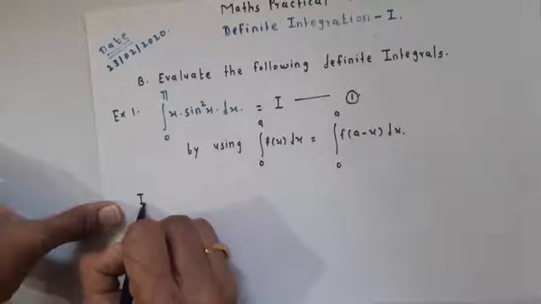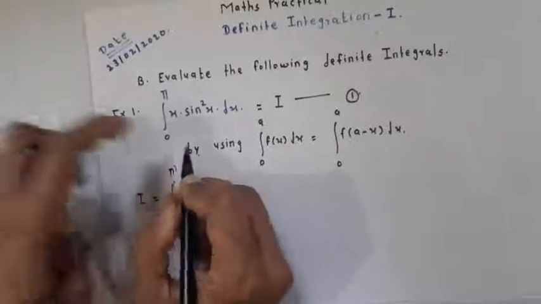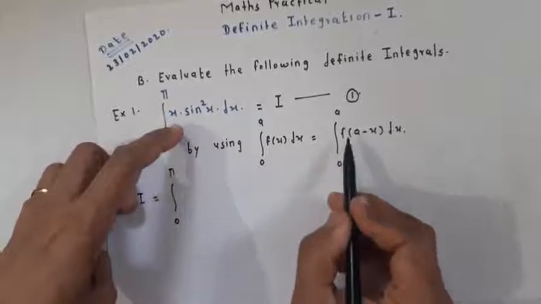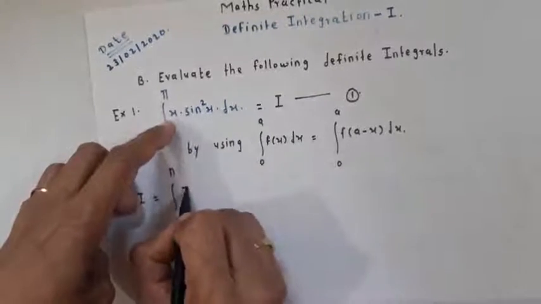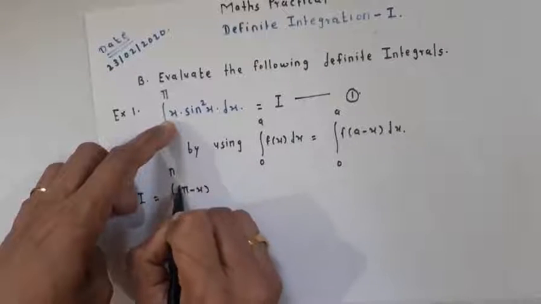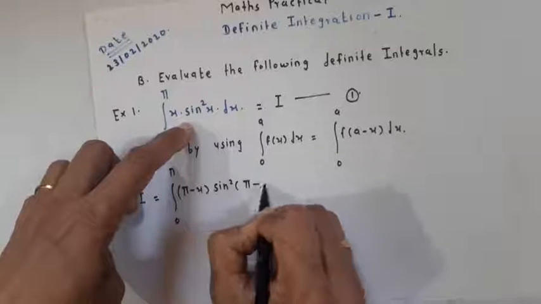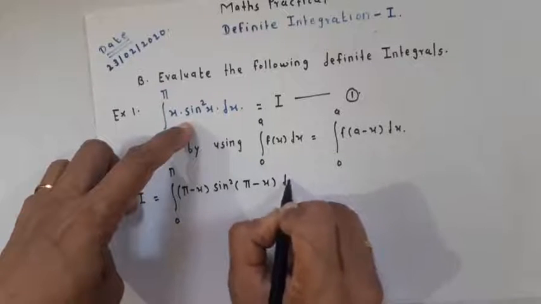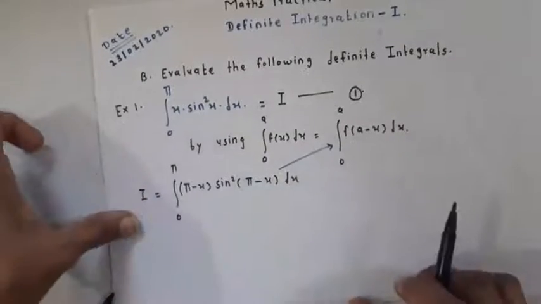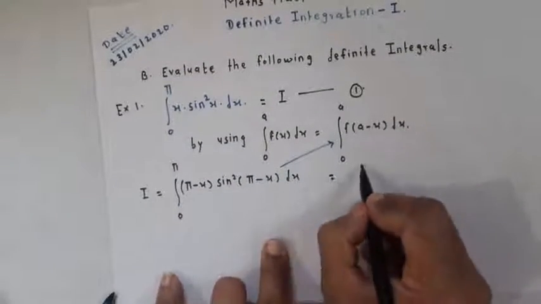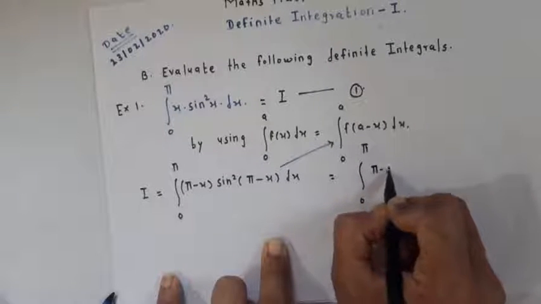Therefore I equals the integral from 0 to pi, where the value of x becomes a minus x; the upper limit is pi, so this is pi minus x, into sine square of (pi minus x), with respect to x.